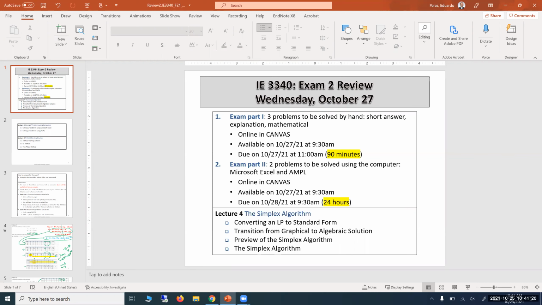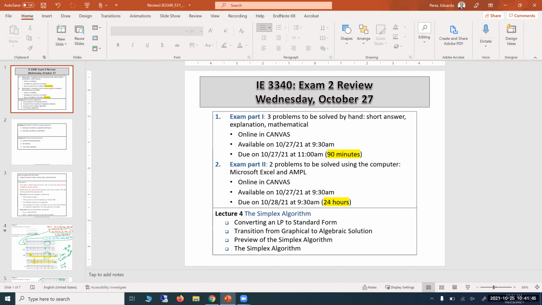If you have computer in your home and you have access to the internet and you have the software that is needed to solve the problems, you don't have to come to class to solve the exam. However, if you don't have access to a computer or to internet, or you don't have access to the software to solve part 2, you have to come to class. I will provide you with a laptop to work on the exam.